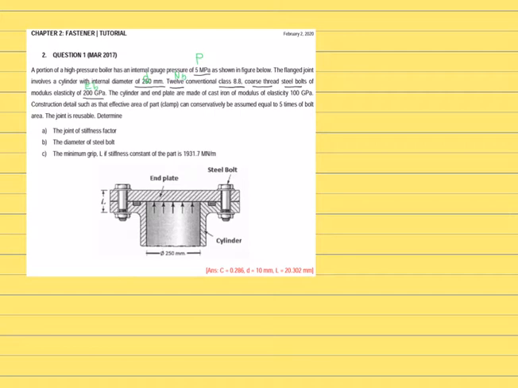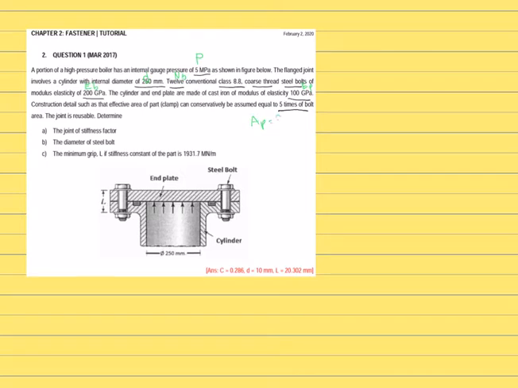So this is the modulus of the parts. Construction details such as the effective area of the part clamped can conservatively be assumed equal to 5 times the bolt area. So this is another hint.